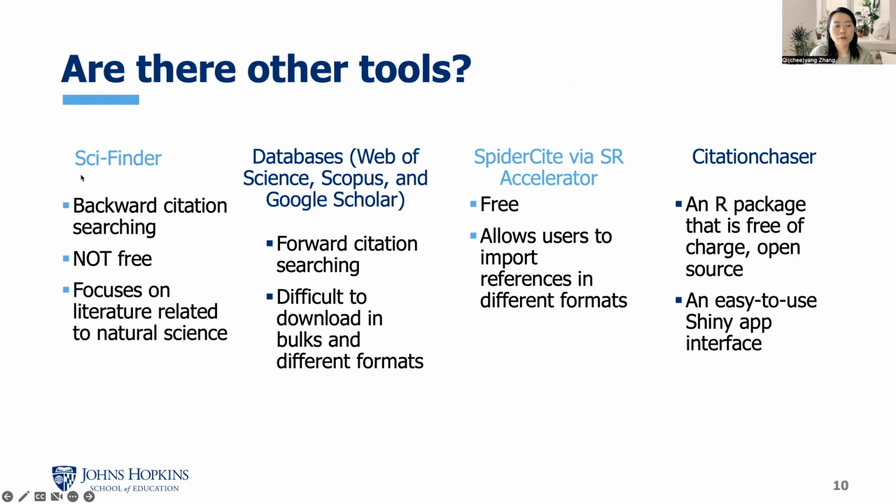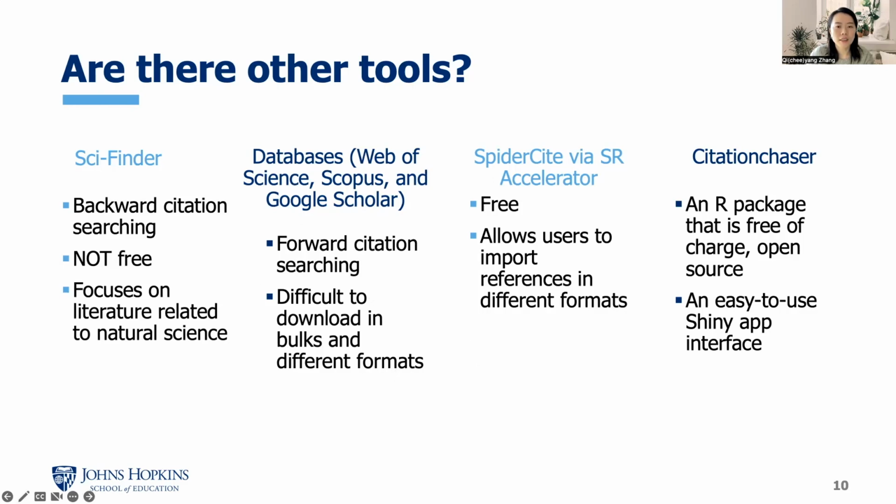The first tool is called SciFinder. SciFinder enables backward citation searching. However, it is not free, and it focuses on natural science literature. The second type is databases. They include Web of Science, Scopus, and Google Scholar. They are difficult to download in bulk and in different formats.